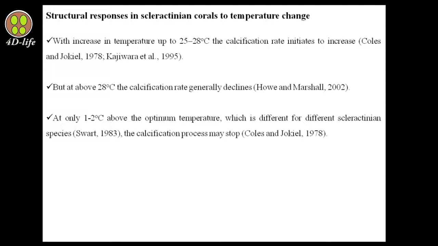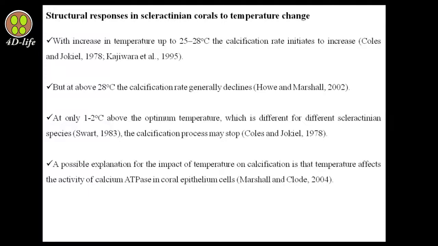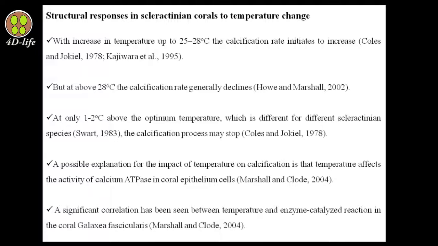A possible explanation for the impact of temperature on calcification is that temperature affects the activity of calcium ATPase in the coral epithelium cell. A significant correlation has been seen between temperature and enzyme-catalyzed reaction in the coral Galaxea fascicularis.